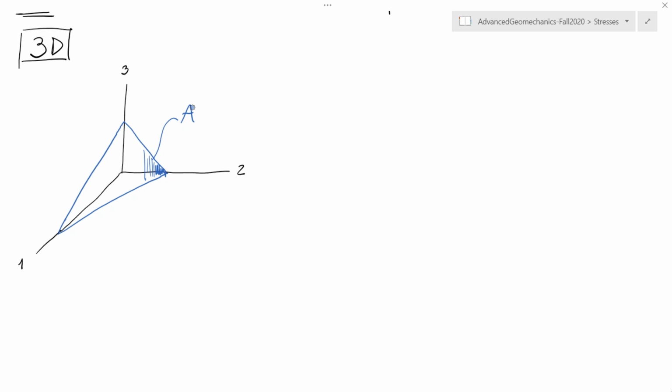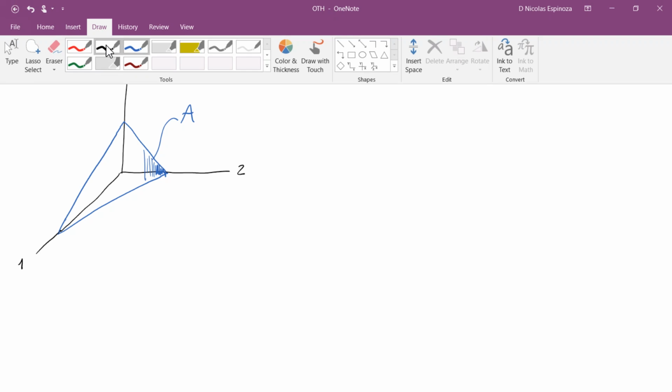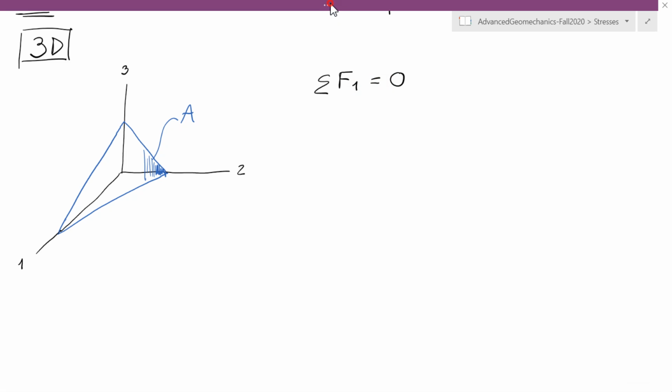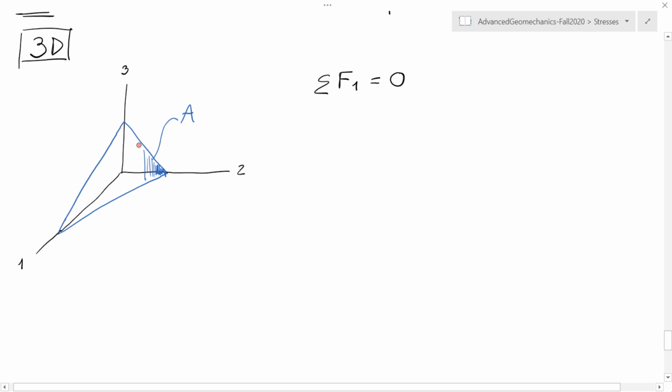So for the example, we're going to calculate the summation of forces in direction number 1 and make it equal to 0. And in direction number 1, what I'm going to have is normal stress on face 1, sigma 1,1, applied on the face that is behind this volume.